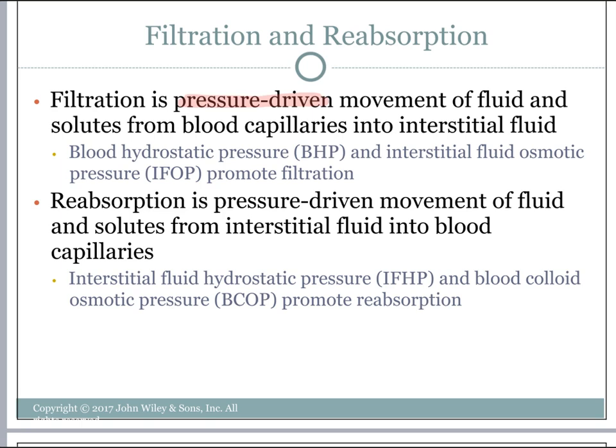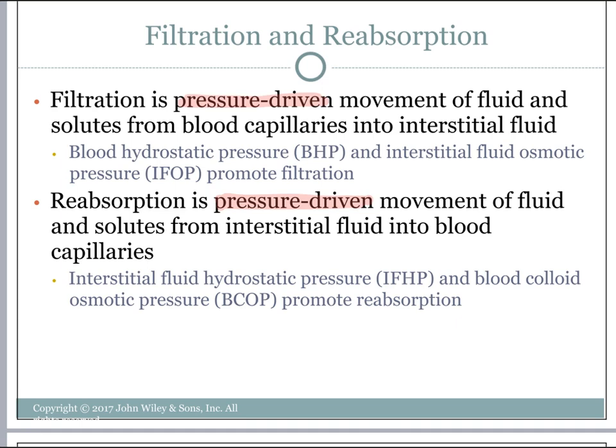For reabsorption, it's pressure driven again, so we see our pressure-driven word again, and that's our take-home message here. Pressure-driven movement of fluid and solutes from the interstitial fluid into the blood capillaries. So we deal with interstitial fluid hydrostatic pressure, the pressure of the fluid in the interstitium surrounding the capillary, what that pressure is exerting onto that capillary bed.